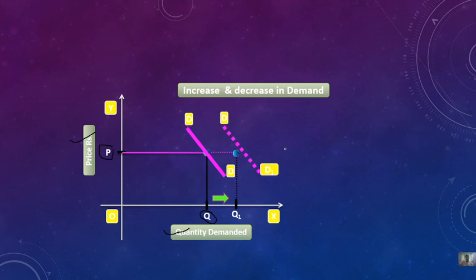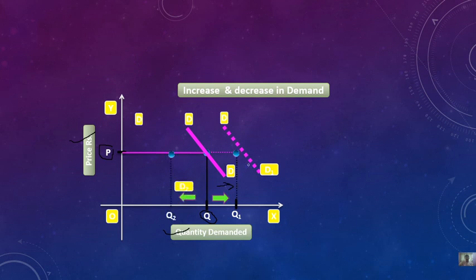Due to favorable changes in factors which determine demand, other than price which remains constant, there is an increase in demand, so this dotted line DD1, and quantity demanded also increases from Q to Q1, that is, increase in demand.